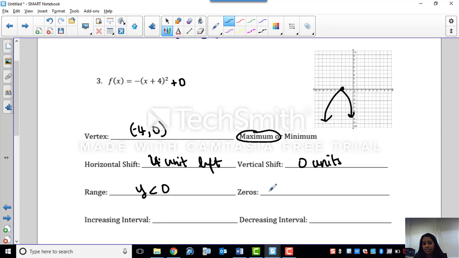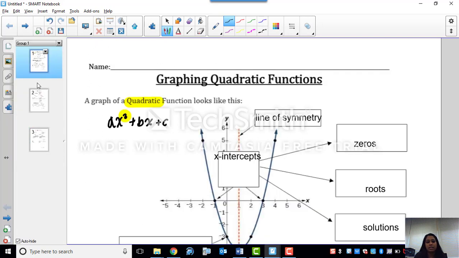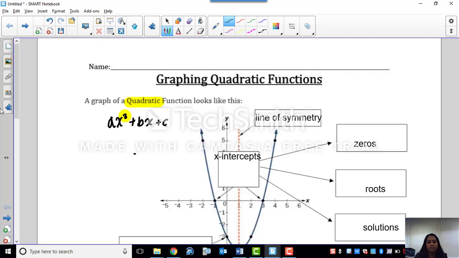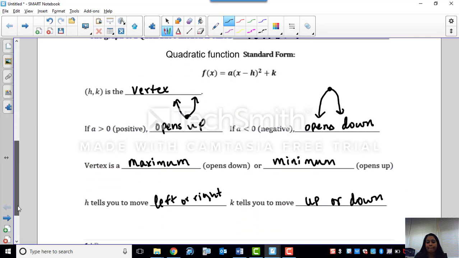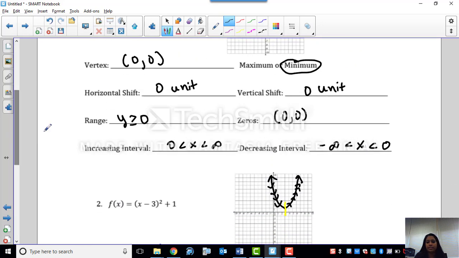The zeros of a function, where does it cross the x-axis? It touches the x-axis at negative 4. That is your 0. Okay, hang on, let me check one thing here. Is that what I said here? The first one for the parent function. Okay, sorry. For zeros of a function, you don't have to write it as a coordinate, you just want the x-coordinate, which was at x equals 0.